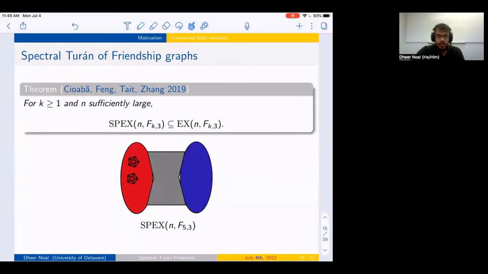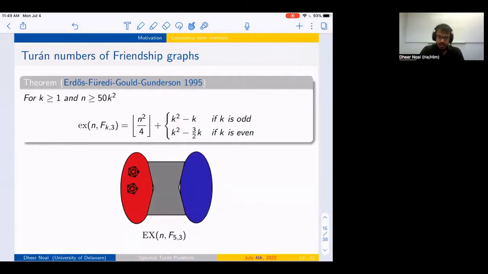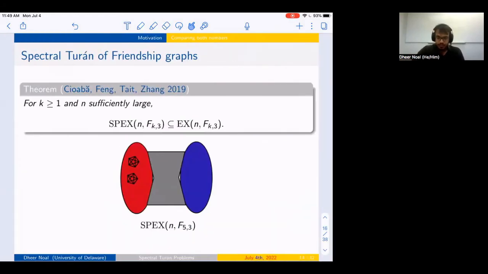What Cioabă, Feng, Tait, and Zhang showed is that the spectral extremal graphs also have the maximum number of edges. There are some things I'm skipping over: by taking these parts to be slightly imbalanced, you might get some more edge extremal graphs. But the spectral extremal graphs are attracted to the parts being equal. So that's why there's a containment.